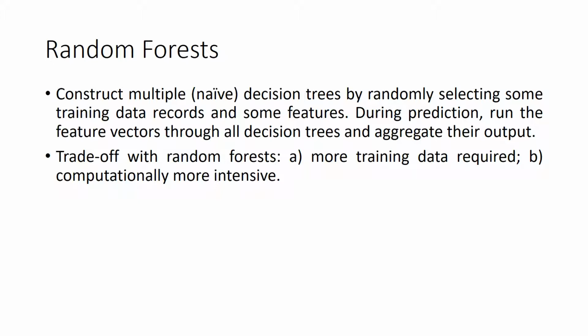The other trade-off is that this is computationally more intensive because you have to evaluate each and every decision tree and aggregate the output of all the decision trees to get the final output. So there's more computation involved vis-a-vis a single decision tree. So that's the trade-off that we make with random forests.